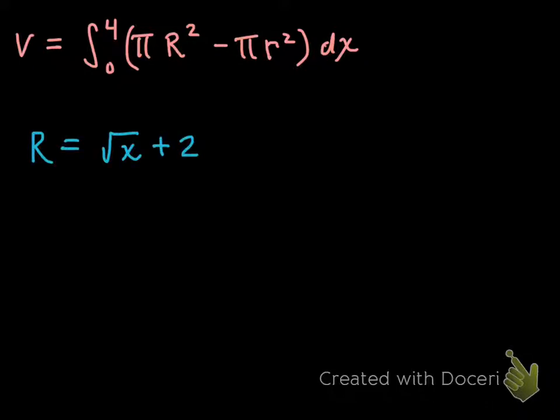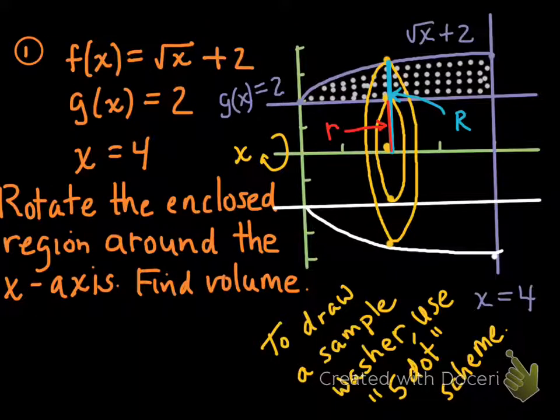The big R is equal to root x plus 2, and the little r is equal to 2. If you're looking at your picture here, you're seeing that big R is equal to root x plus 2.